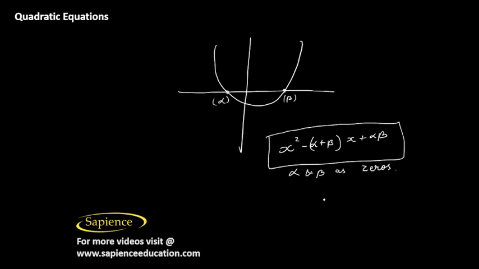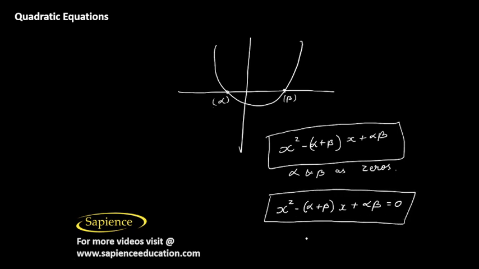Now if we consider this as the general formula of a quadratic polynomial, then the general formula of a quadratic equation will be x square minus (alpha plus beta) x plus alpha beta equal to 0. This is the general formula of a quadratic equation in which alpha and beta are zeros.